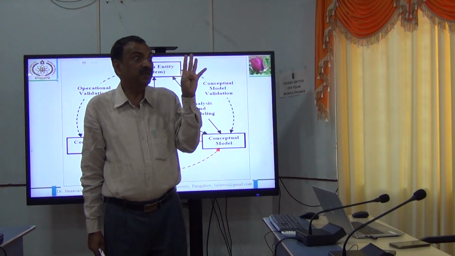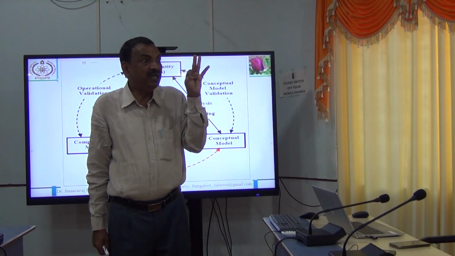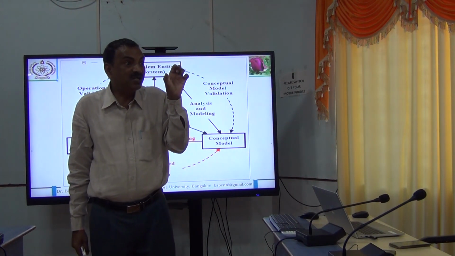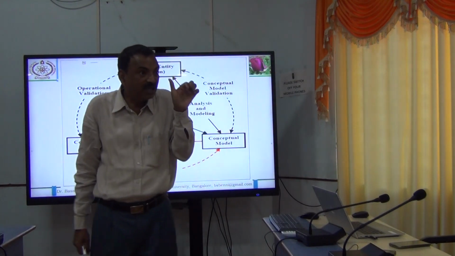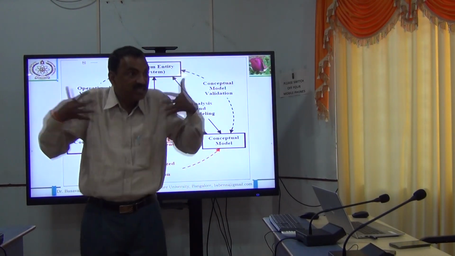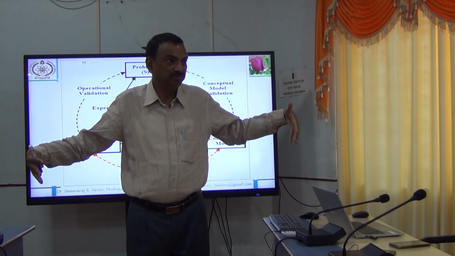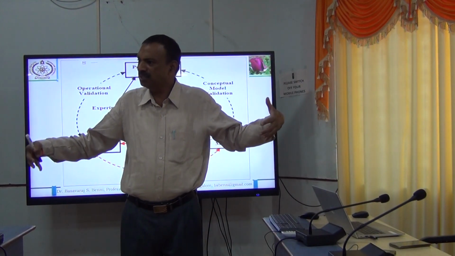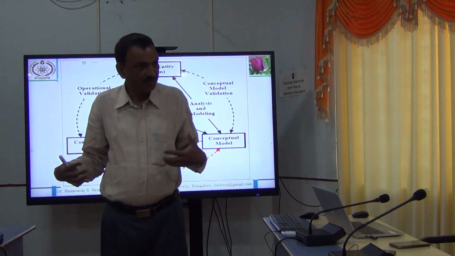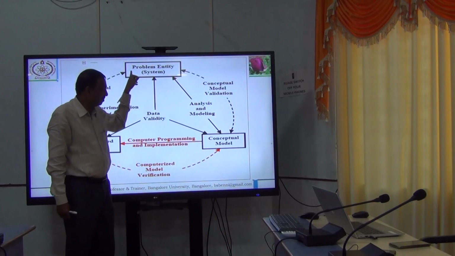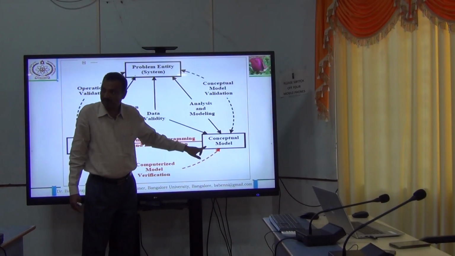Identifying the variables, defining the relationship, defining the quantification of variable A, variable B, variable C, and the interrelationship between those variables. It is so complicated, it is not just a generalization. Conceptualization is a very, very important process. So identify the problem and conceptualize that problem.